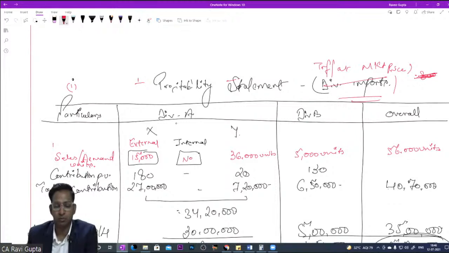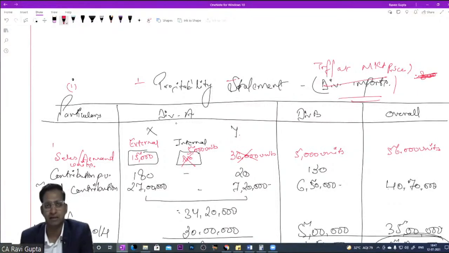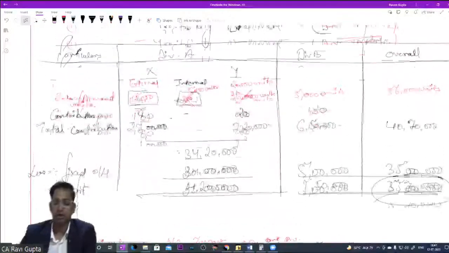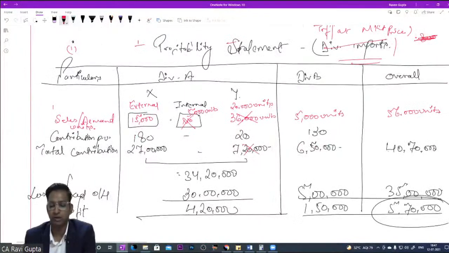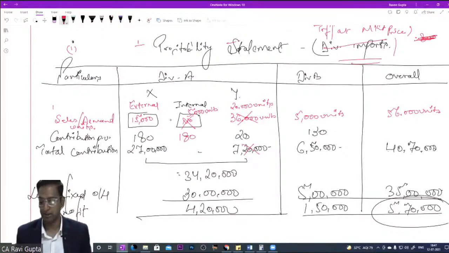Earlier it was none, but now it will be 5,000 units. I'm making a change; you just need to understand the impact on your profitability statement. Here it will be 20,000 units, isn't it? Yes. This contribution will change, and here we have 180 rupees contribution. So let me calculate.